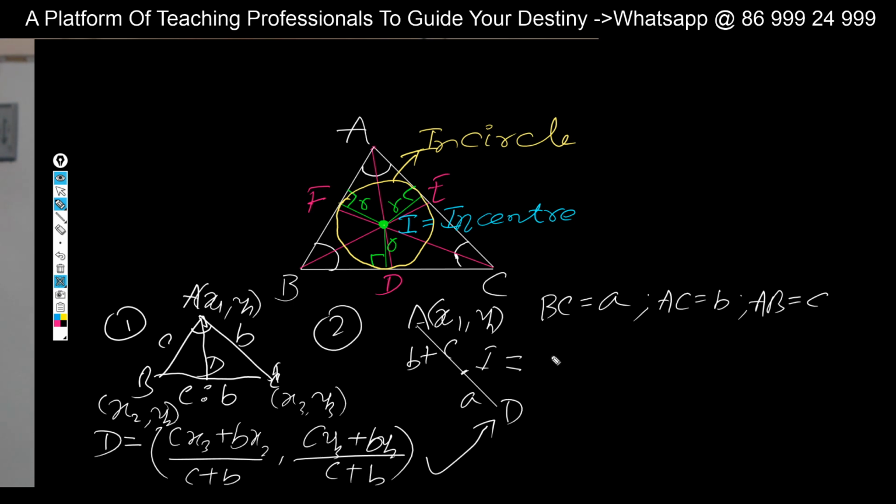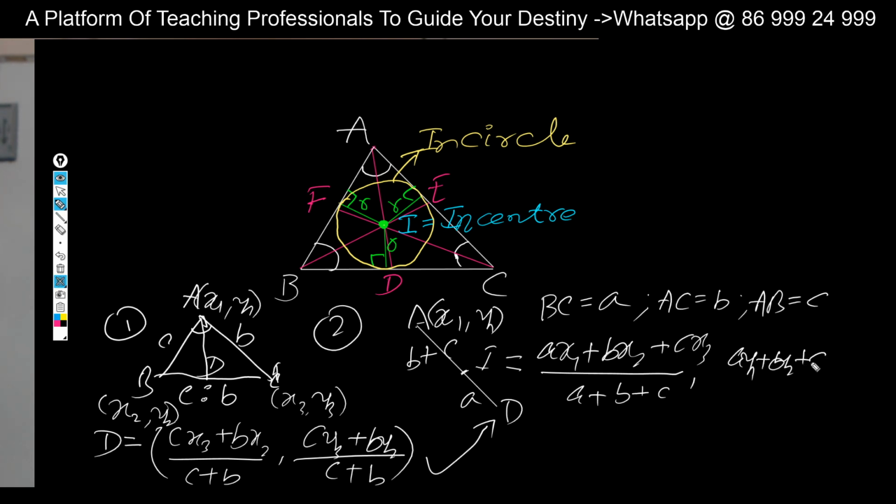So what is the formula you finally get? (a x1 plus b x2 plus c x3) divided by (a plus b plus c). Next, if you apply the y coordinate, very much similar to this, a y1 plus b y2 plus c y3 divided by a plus b plus c.